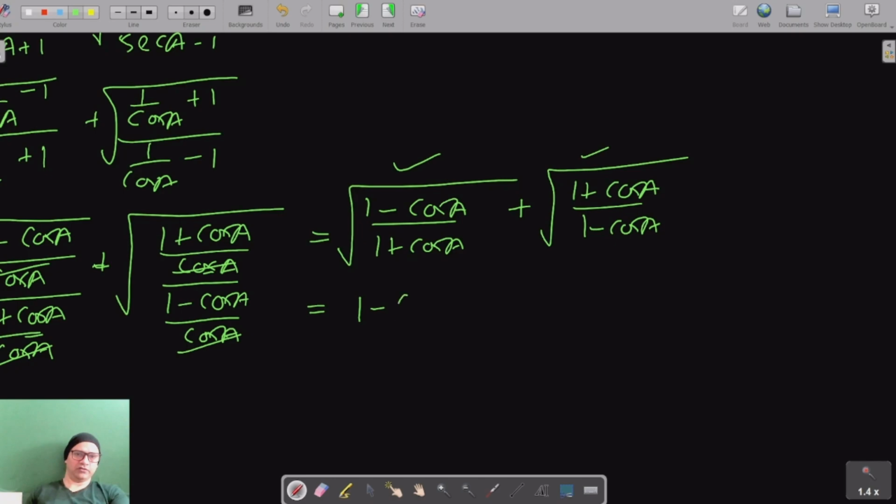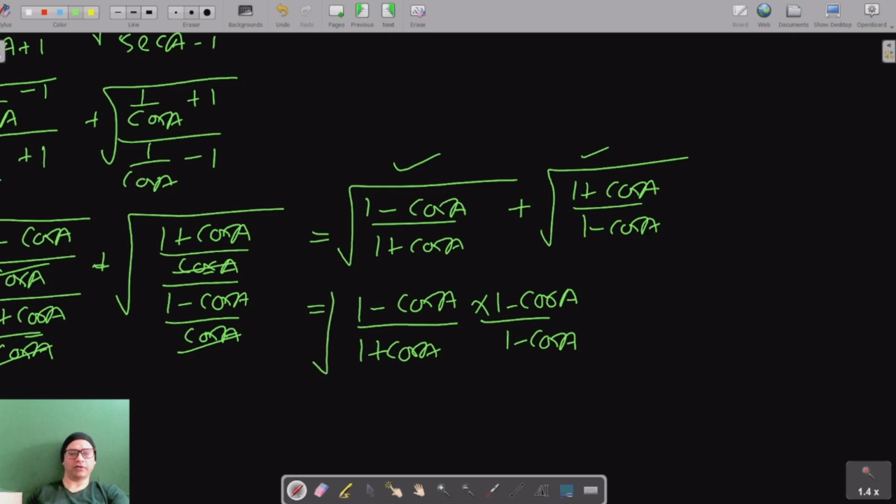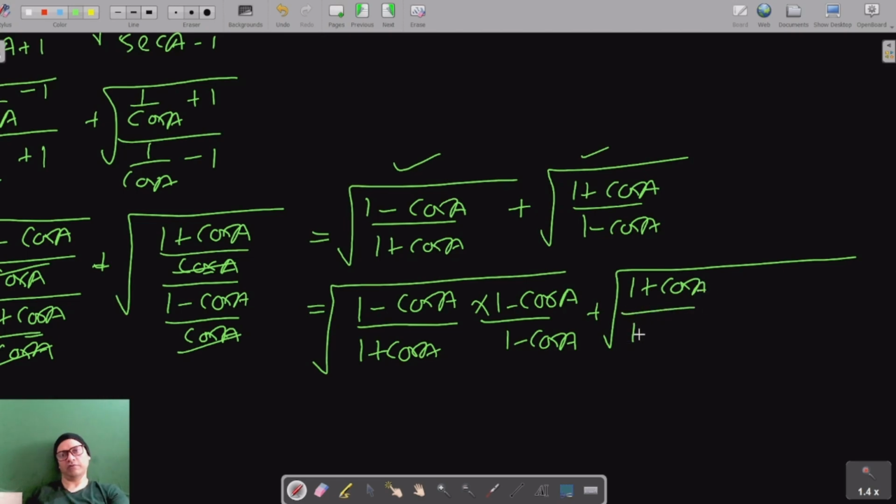Let's rationalize both these in the square root. So rationalizing this gives under root (1 minus cos A upon 1 plus cos A) into (1 minus cos A upon 1 minus cos A), plus this under root (1 plus cos A upon 1 minus cos A) into (1 plus cos A upon 1 plus cos A).